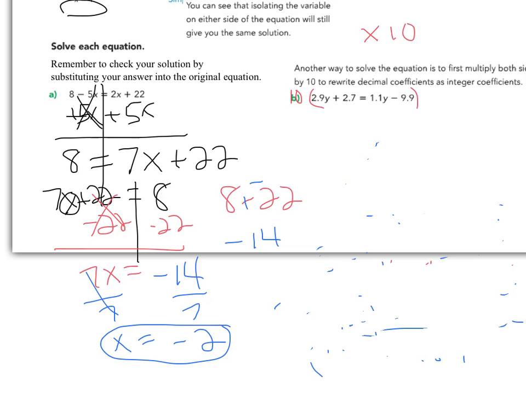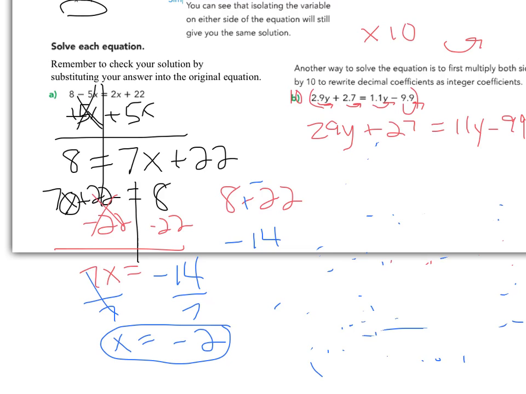Multiplying by 10 means you move the decimal point one place to the right. So instead of 2.9y, you're going to have 29y. Plus 2.7 becomes 27, equals 1.1 becomes 11, minus 99. Each one of these decimal points is going to move over to the right one place.